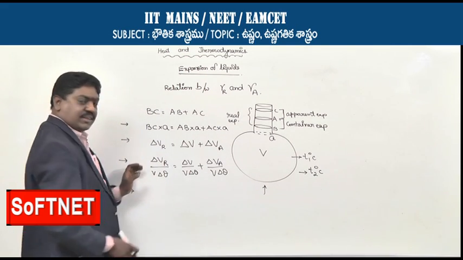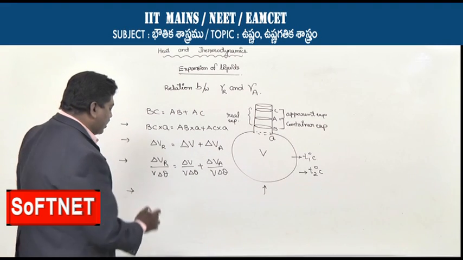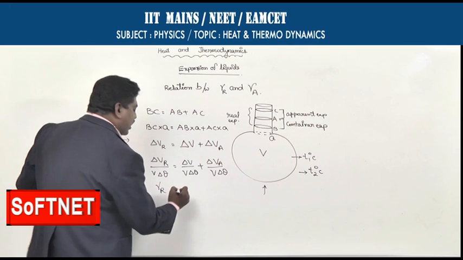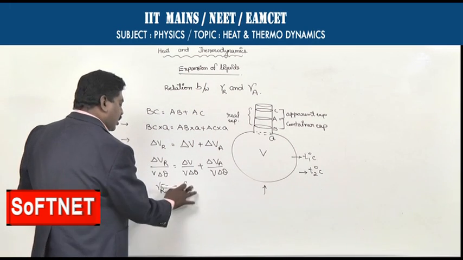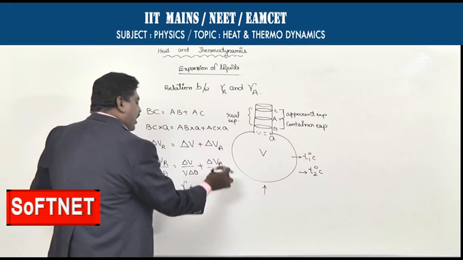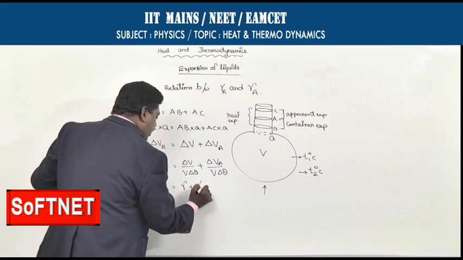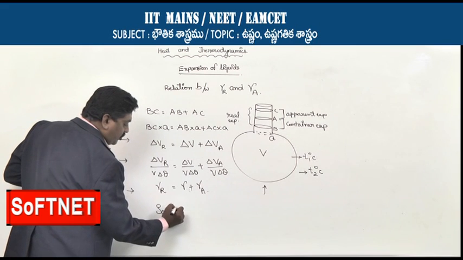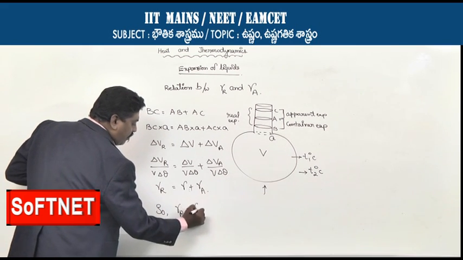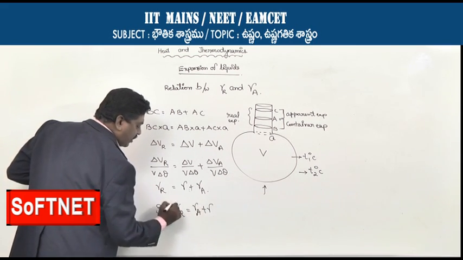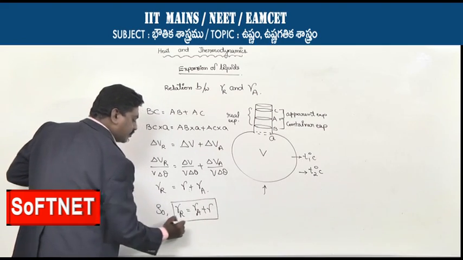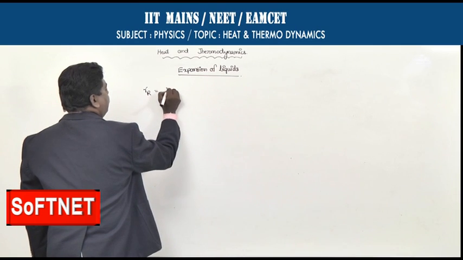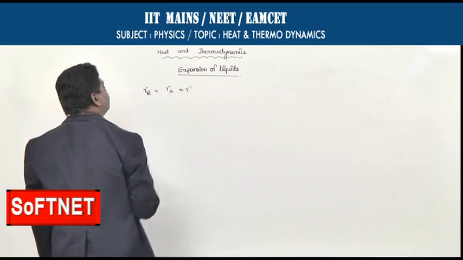We know very well that delta VR by V delta theta is gamma R, delta V by V delta theta is gamma, and delta VA by V delta theta is gamma A. So gamma R is equal to gamma A plus gamma. Just now we have seen the formula gamma R equals gamma A plus gamma.